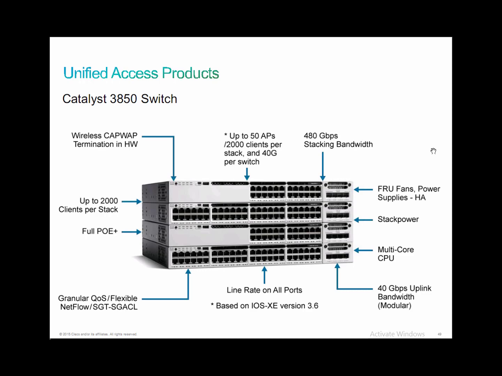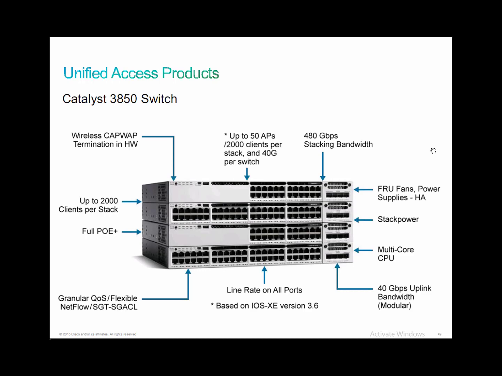Full 802.3at support, PoE. There's a couple of different variants of power over Ethernet, but it's PoE Plus in this case, which provides up to 30 watts of power per port. And we have support for IPv4 and IPv6, QoS, enhanced security features, and so on. All right.